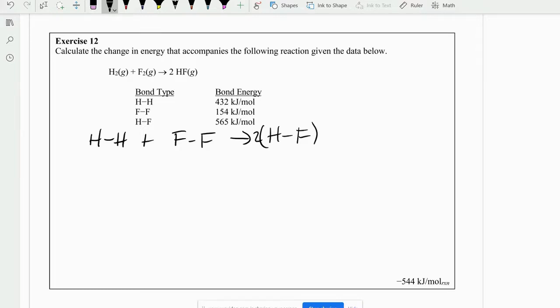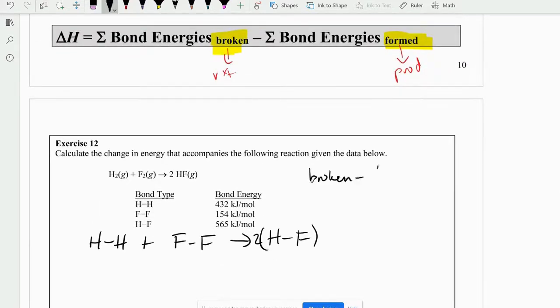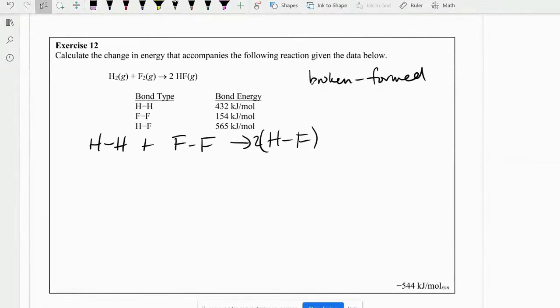And you could probably rest assured that the bond energies associated with double and triple bonds would be much higher than single bonds. So remember in the equation just up above here, bond energy is broken minus formed. All right, so you would really literally just follow that format. So if these are being broken and these are being formed.